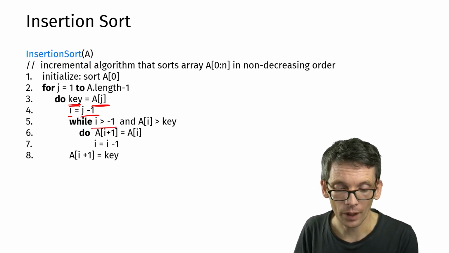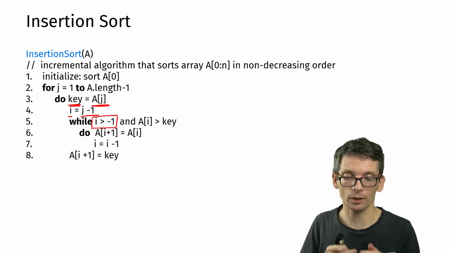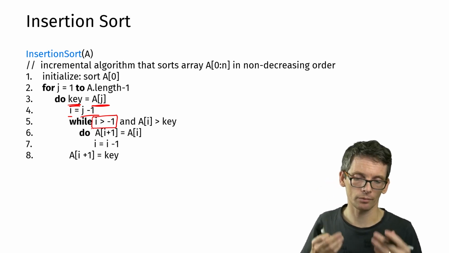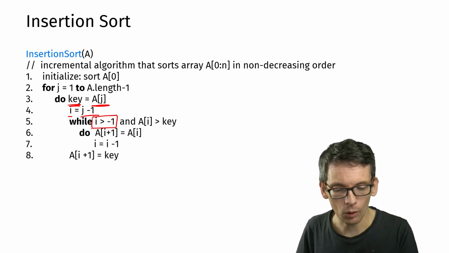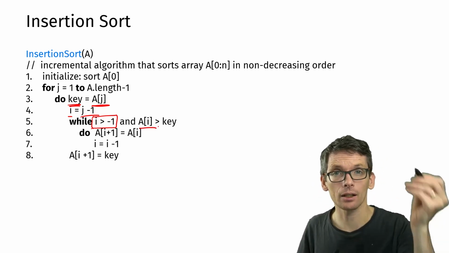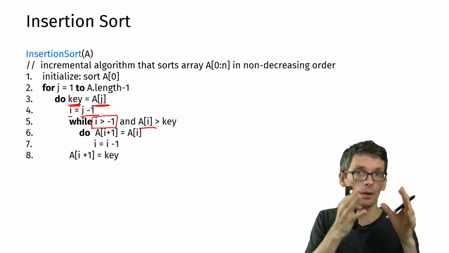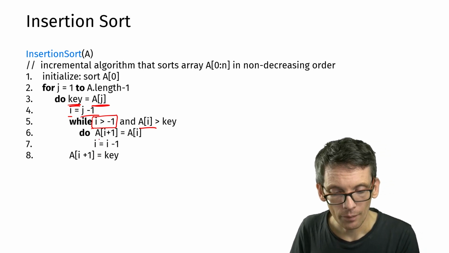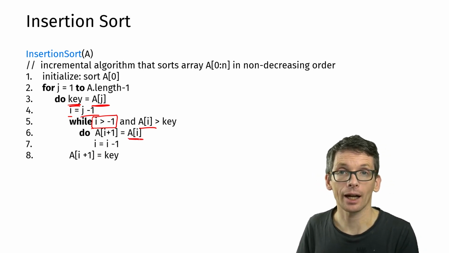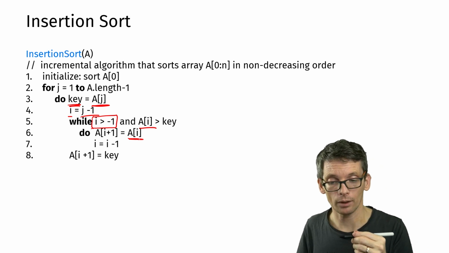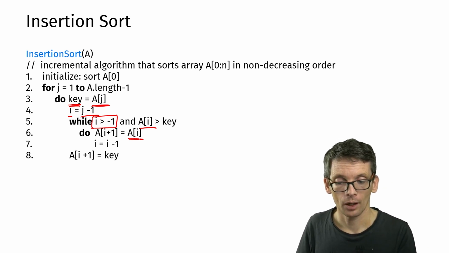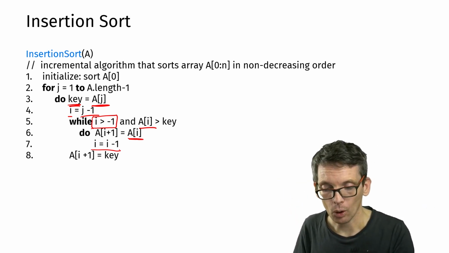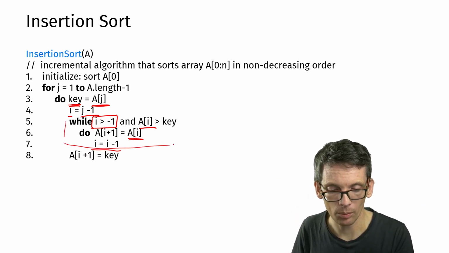So as long as we haven't reached the start of the array yet, which corresponds to i larger or equal to 0, and as long as the element that I see is larger than the element that I want to insert, which is the key, I'm going to move the element that is at a i to a i plus 1. And I'm going to decrease i by 1, so I go one card forward. All of this happens in this while loop.